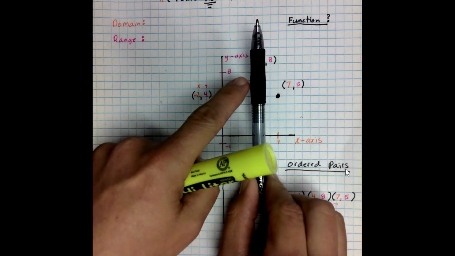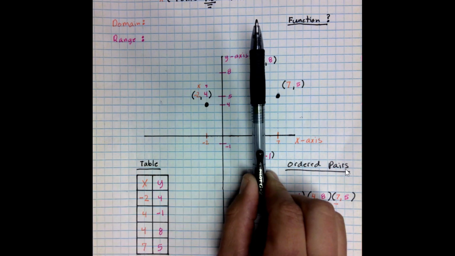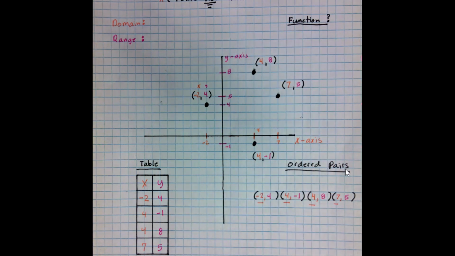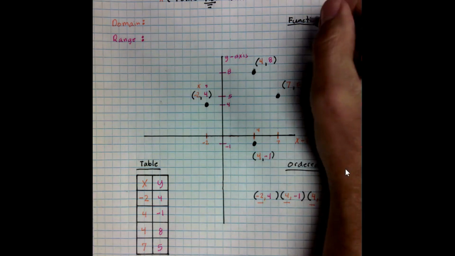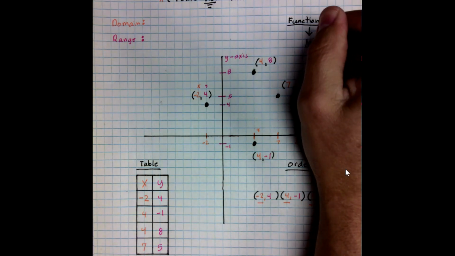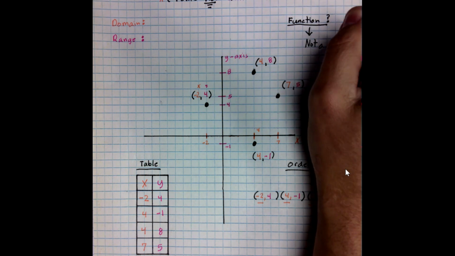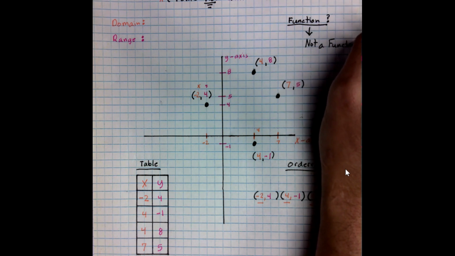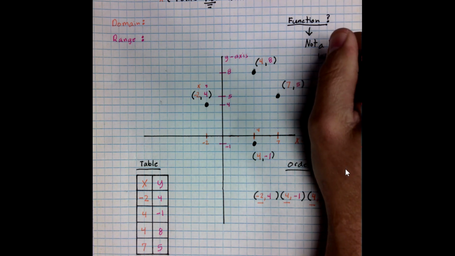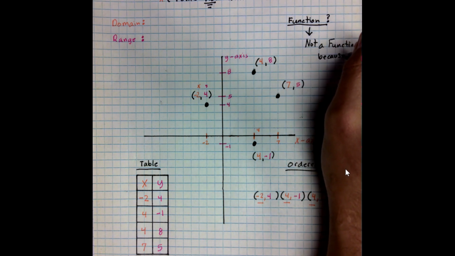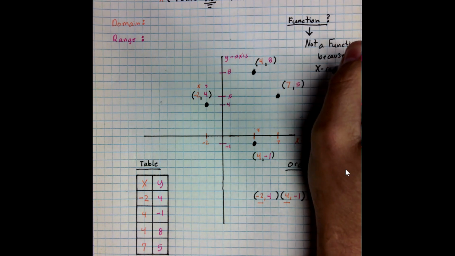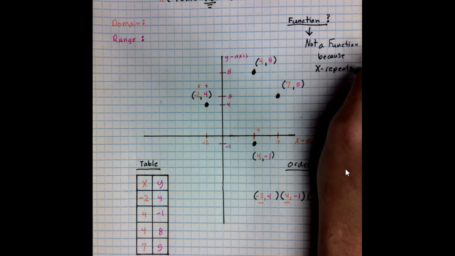One up here at 8 and one down here at -1. Because of that, it is not a function. So I'm going to put right here, not a function, because x repeats.